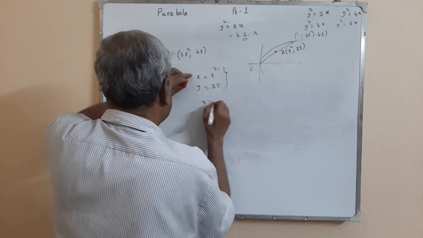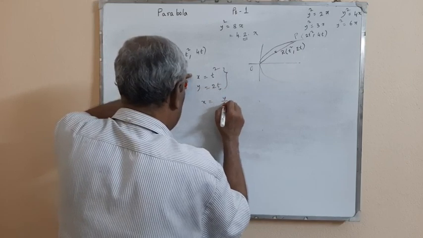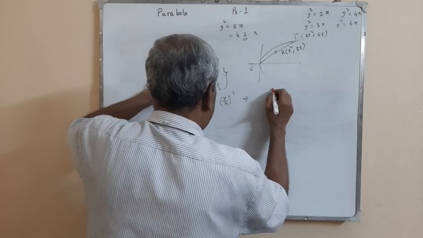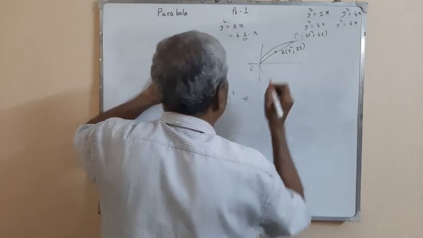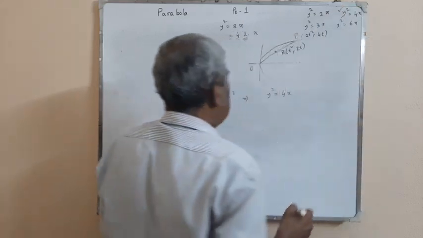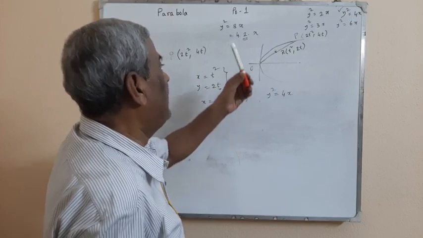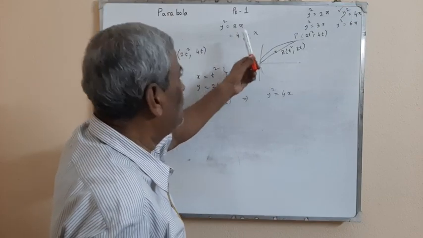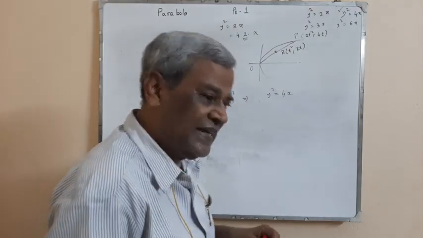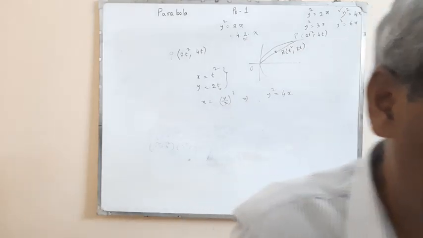So x is equal to t square means (y by 2) whole square. That is, it gives y square is equal to 4x. That is, this is the correct option. y square is equal to 4x is the locus of midpoint of the chord whose one endpoint is origin, that is vertex. Okay, let us stop today.